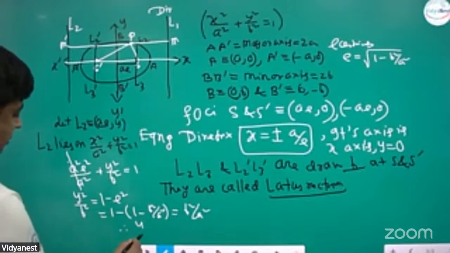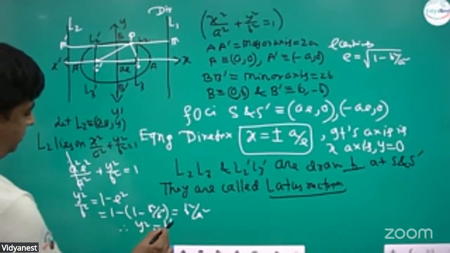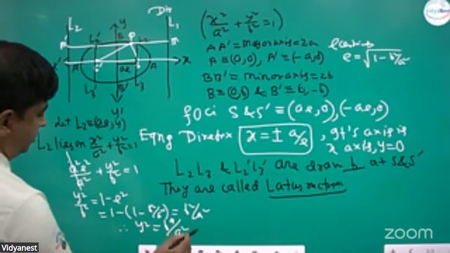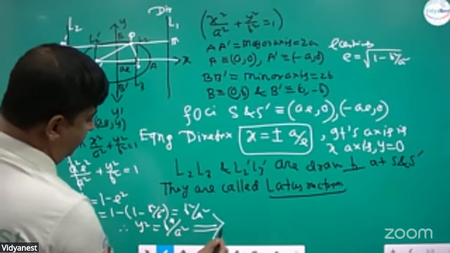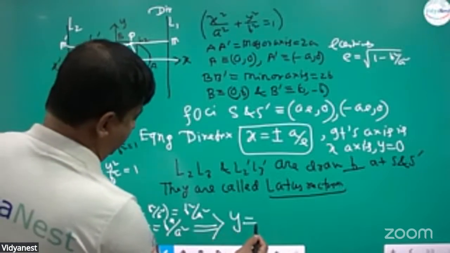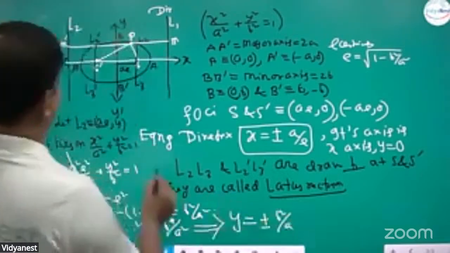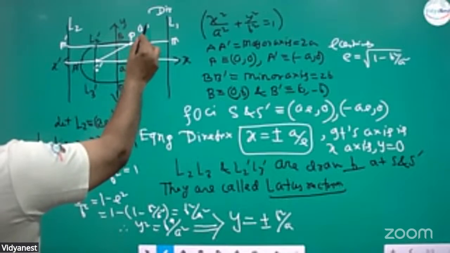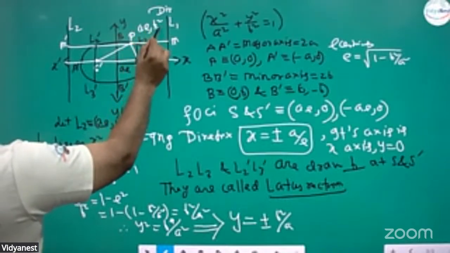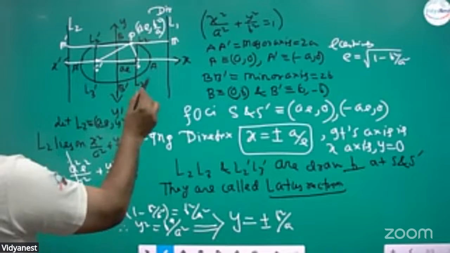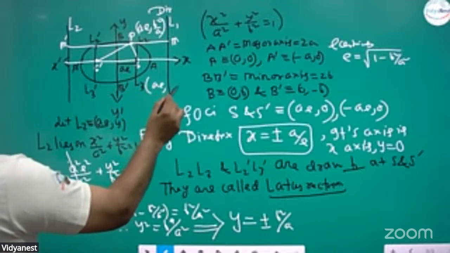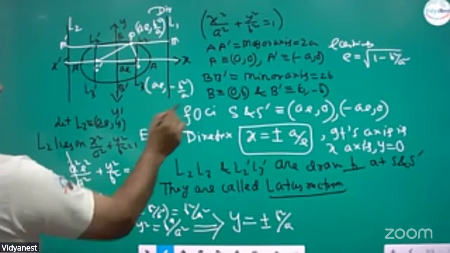So y square is equal to b to the power 4 by a square. That will give us y equals plus minus b square by a. So that point is a comma b square by a, and this point is a comma minus b square by a.